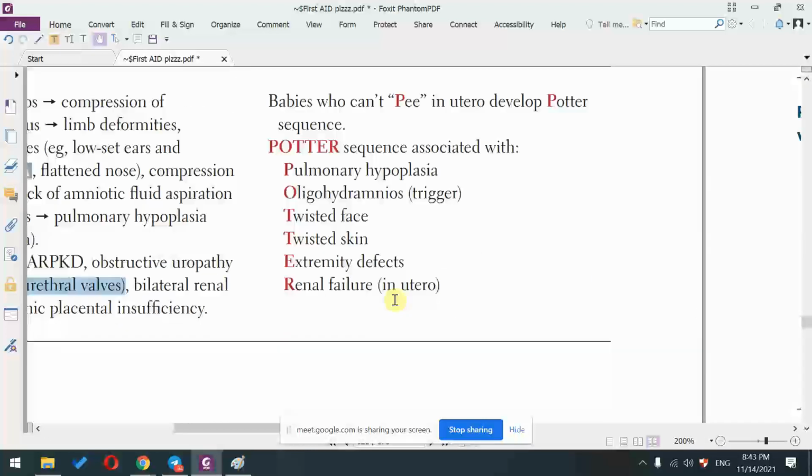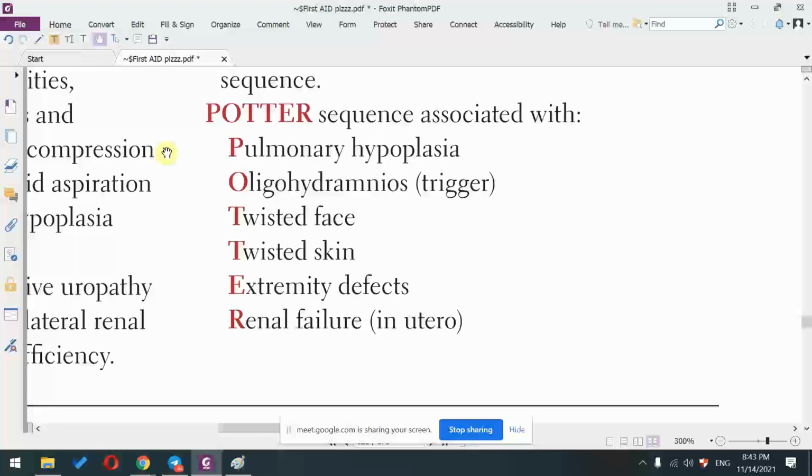Yeah, two kidneys will have the problem because if the blockage is here, you will have more urine going back into the right kidney and also into the left kidney. While in case of vesicoureteral reflux, it can be unilateral or it can be bilateral.